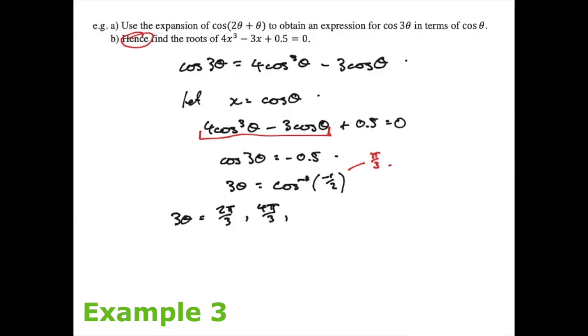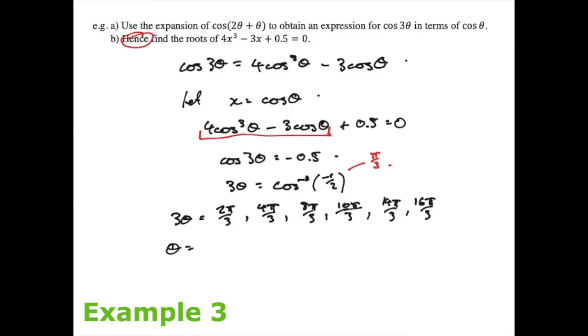So I'm going to keep adding a few more. I'm going to add the next cycle. So I'm going to add 6 pi on 3 to each of these. So I'm going to end up with 8 pi on 3, 10 pi on 3, and let's go one more, 14 pi on 3, and 16 pi on 3.